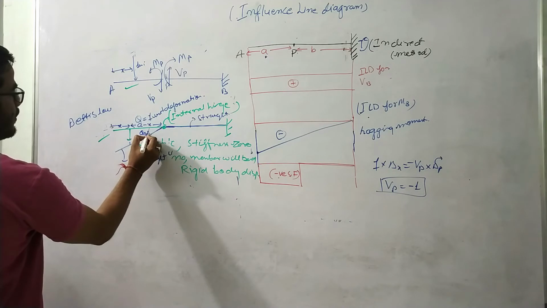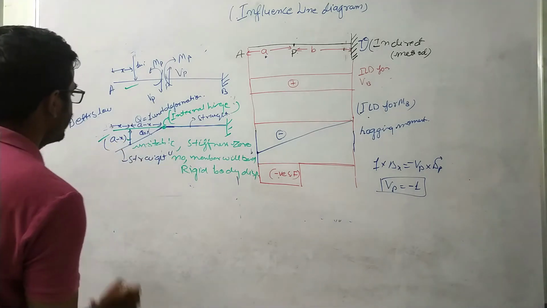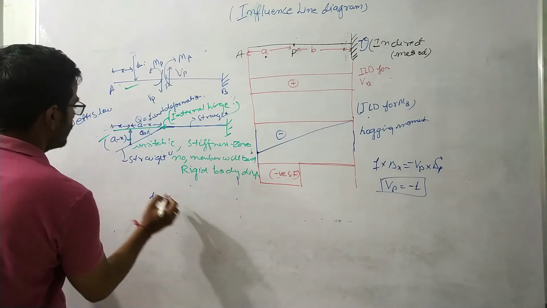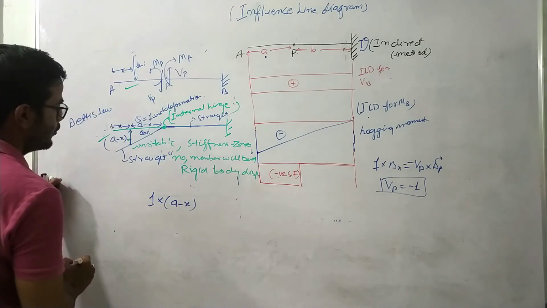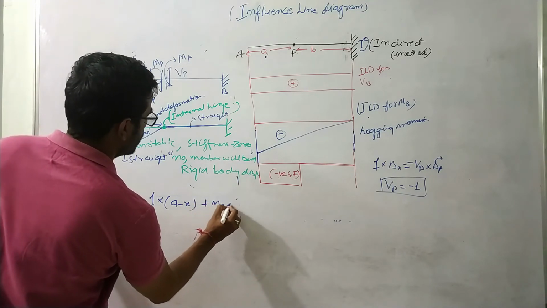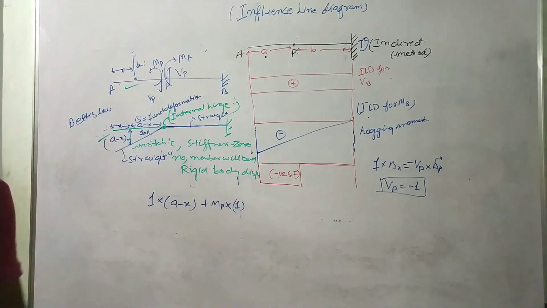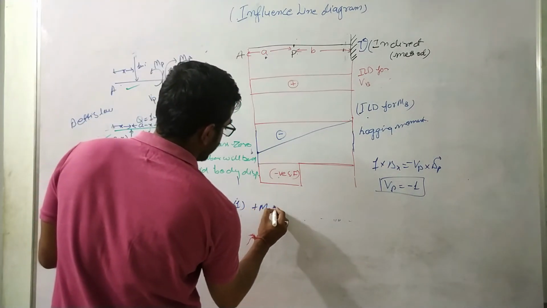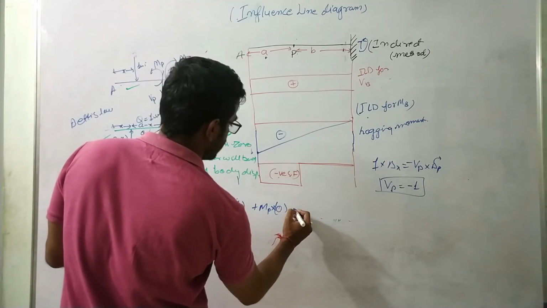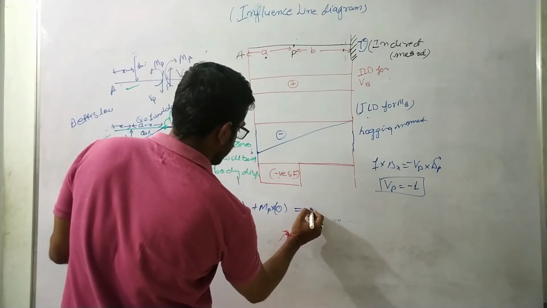So this theta is 1, so this ordinate will also become minus x. So if we apply Betti's law, this is system 1 and this is system 2. So 1 into minus x, plus MP into 1, because unit deformation, plus MP into 0 equals 0.